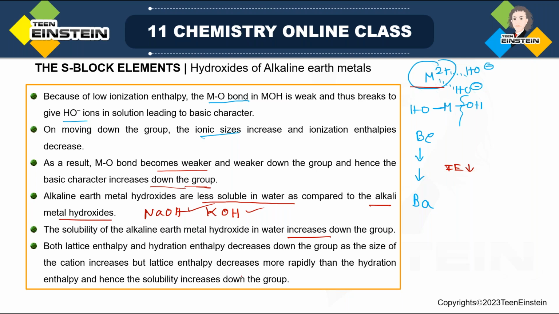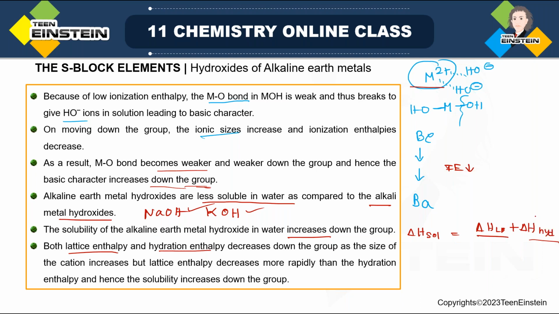Now look at the last statement, what it is saying. Lattice enthalpy, hydration enthalpy. Remember, whenever we want to know whether a particular compound is soluble in water or not, we have to consider enthalpy of solution. Now this is basically the combined effect of lattice enthalpy, I'm writing L here, and hydration energy, delta H hydration.